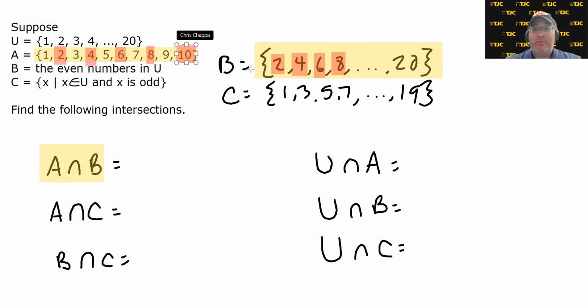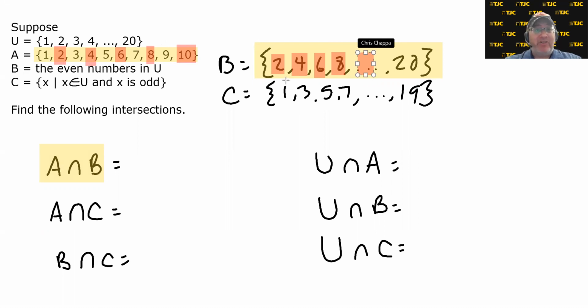Yes. The 10, which is implied by the ellipses, is in there, which is why maybe we should have written out all of them. But are there any more numbers in common? The answer is no. Because in A, the remaining numbers are odd, which are not in B, because B contains even numbers. And in B, the remaining numbers after 10 are greater than 10, which are not in A, because everything in A is 10 or less.